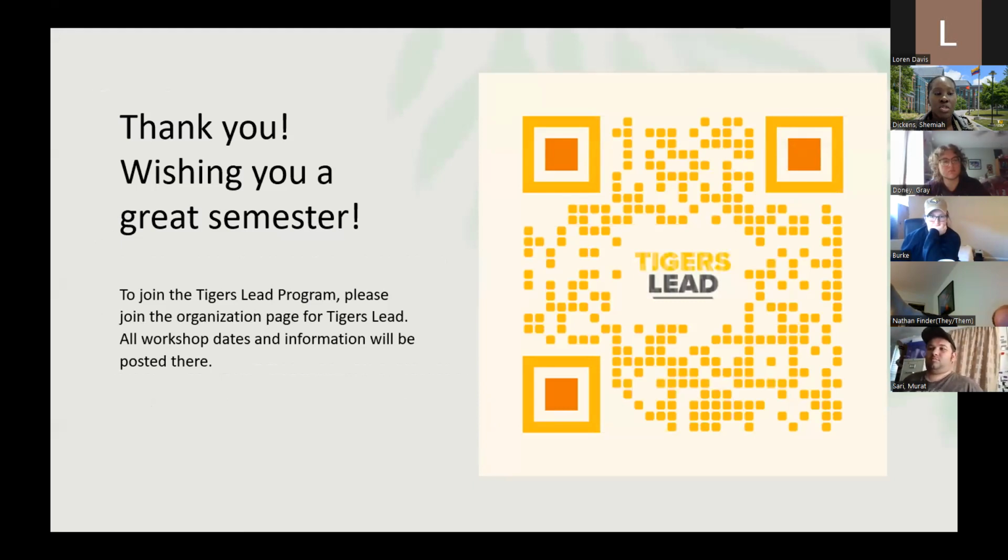But if you are looking to join the program for Tigers Lead, and, you know, if you have concerns about, am I really an inclusive leader? Do I really have answers to those questions that I posed about, like, what is your idea of leadership? Where does it come from? I have the Tigers Lead QR code here that brings you to the Involved at TU page.